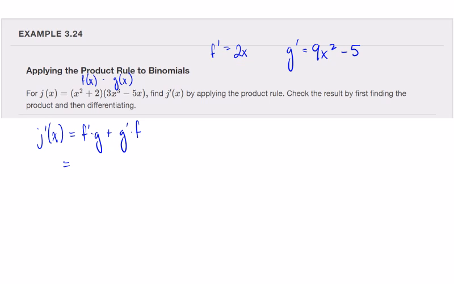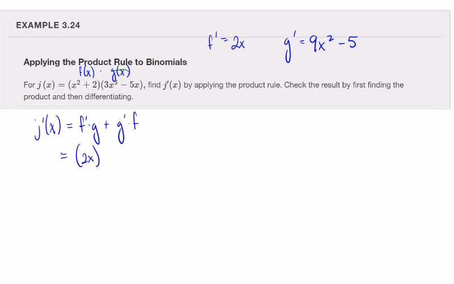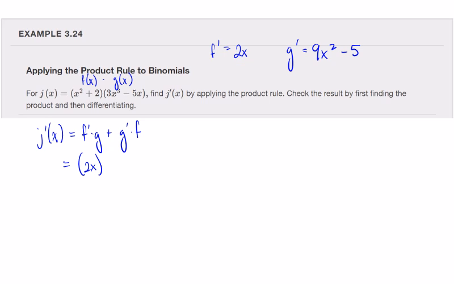So f prime, right, that's here. I'm going to plug in 2x. So it's going to be 2x times g, which is this function here, right? That's g. And so I'm going to put that in here: 3x cubed minus 5x. Okay?